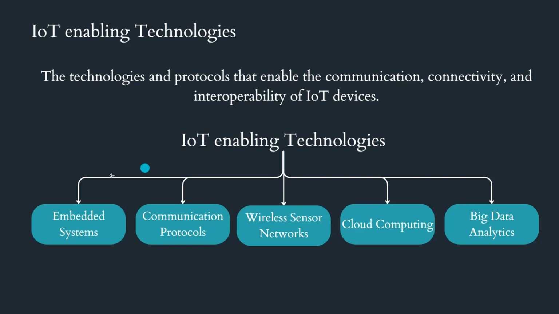So for IoT networks to function, we basically need embedded systems and communication protocols. Without these, we cannot create an IoT network. Basically, we need a way of communicating. We need a way of processing the data at the device level, and then we may have some wireless sensor networks. This is optional in case we use a wired network.